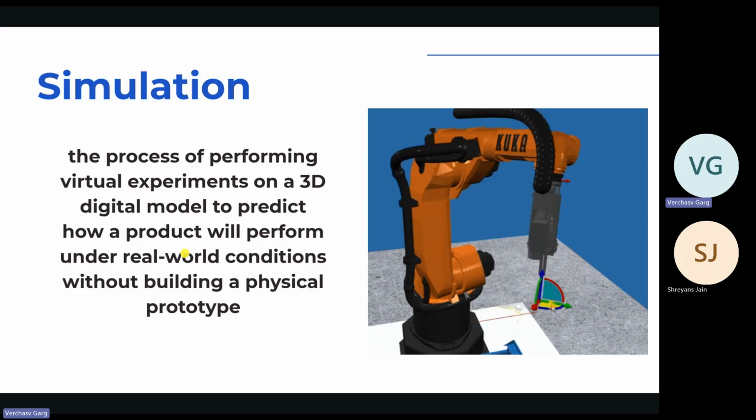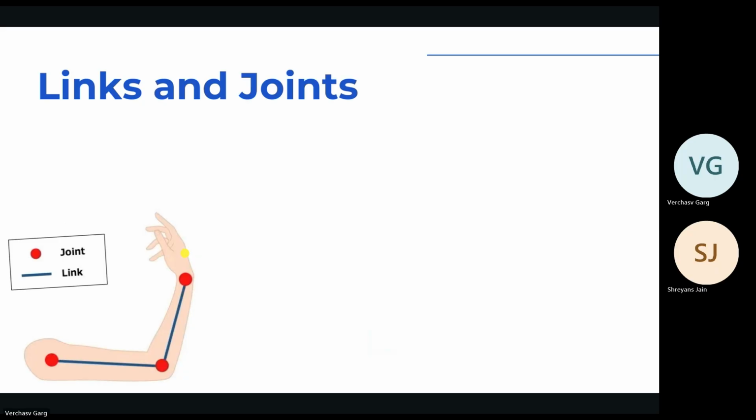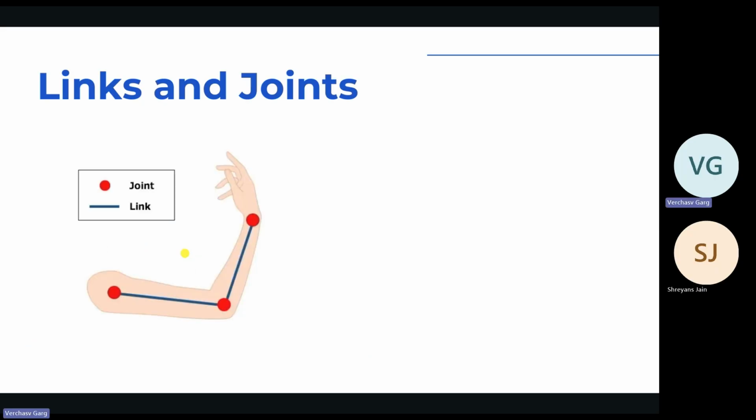Just look at your hand and wave it. In our hand, you can see we have bones. These bones represent the links, whereas the meeting point of bones is called a joint.